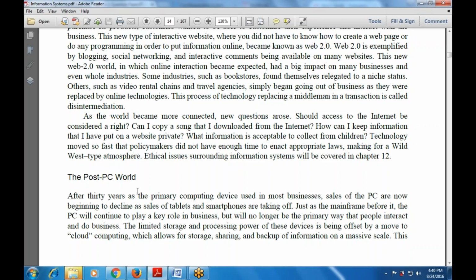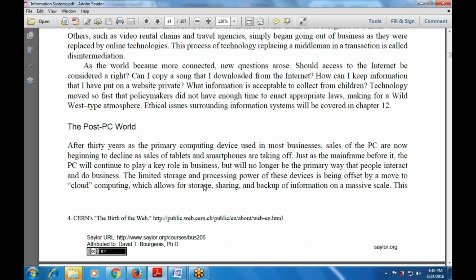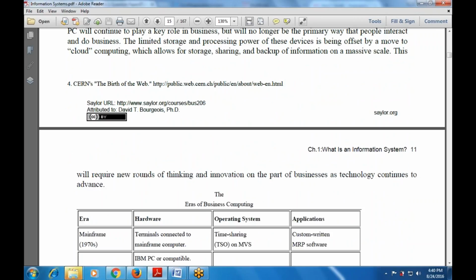The limited storage and processing power of these devices is being offset by a move to cloud computing, which is used to store, share, and back up information on a massive scale. This will require new rounds of thinking and innovation on the part of businesses as technology continues to advance.